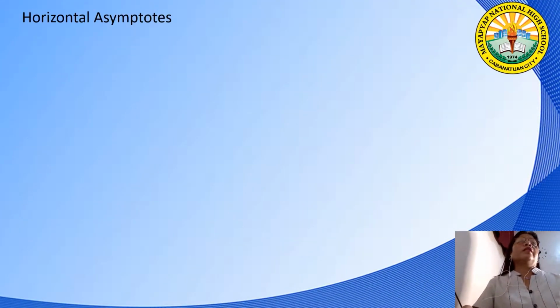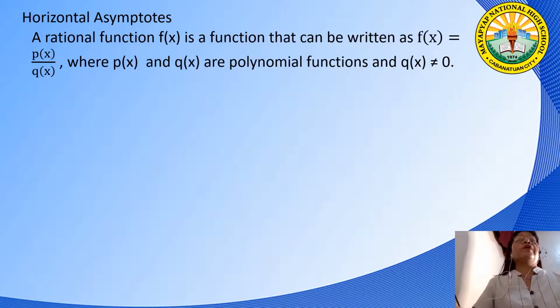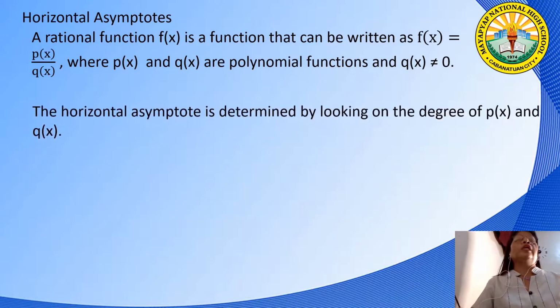Okay, the second type of asymptote is the horizontal asymptote. A rational function f of x is a function that can be written as f of x equals p of x over q of x, where p of x and q of x are polynomial functions and q of x is not equal to 0. The horizontal asymptote is determined by looking at the degree of p of x and q of x.